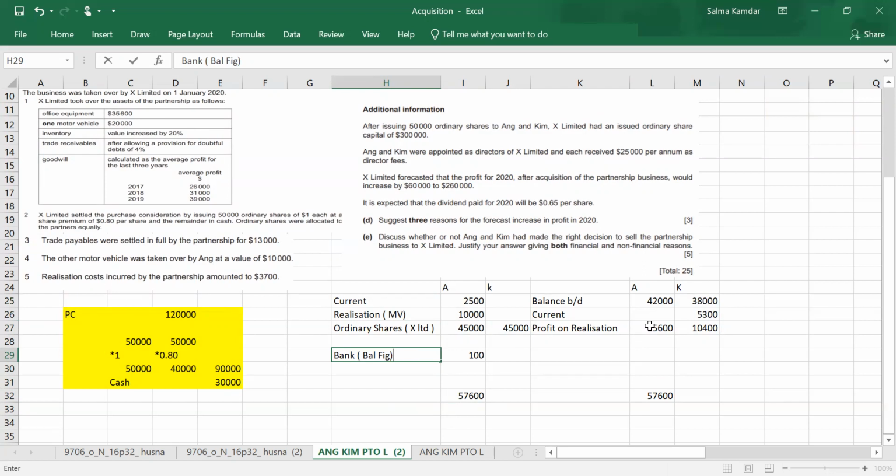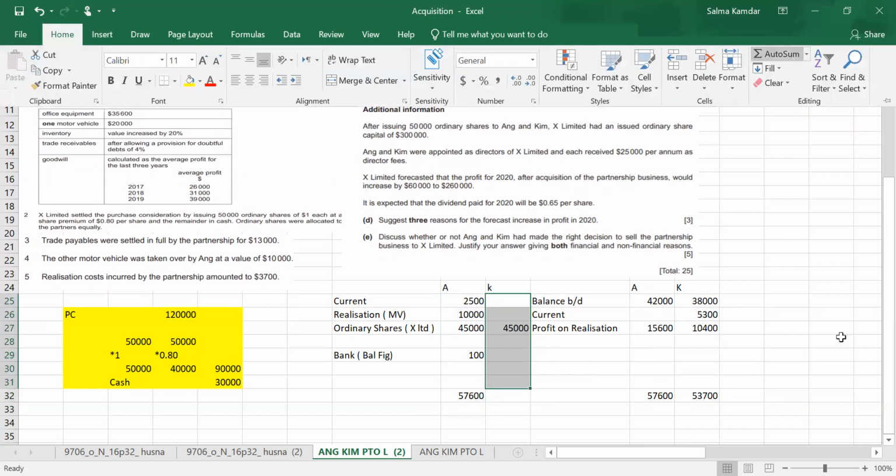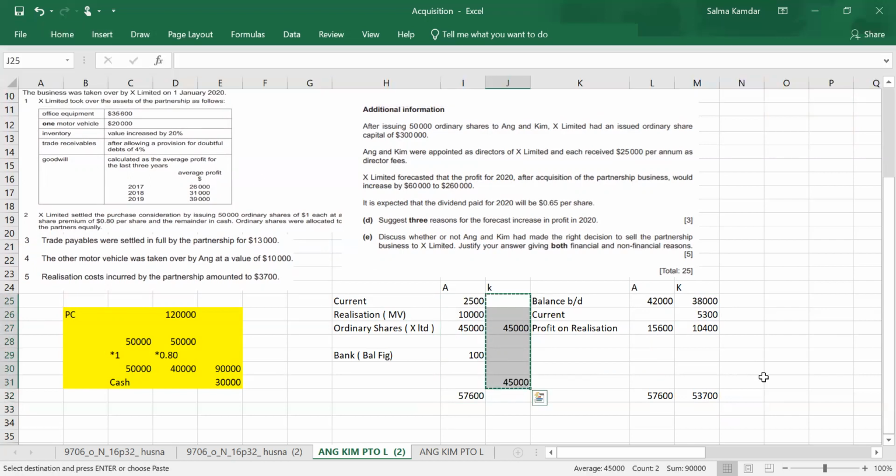This side is more of Kim. Let's do the total. It's 53,700 and this side is 45,000. So what is the balancing figure?